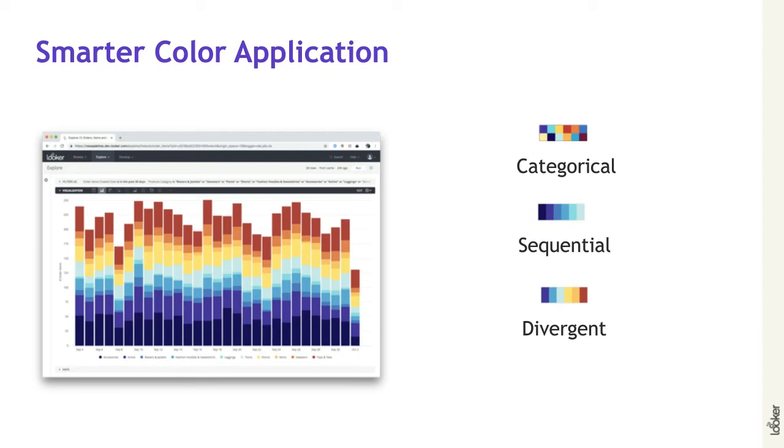So we're doing a lot of things to make Looker look better, to make it easier to use, to make it easier to understand what that data in Looker is trying to tell you. That includes presenting you with brand new color palettes, and making it clear when and how to use categorical palettes, sequential palettes, and divergent palettes, because those are three palette types that really make sense with different kinds of data.